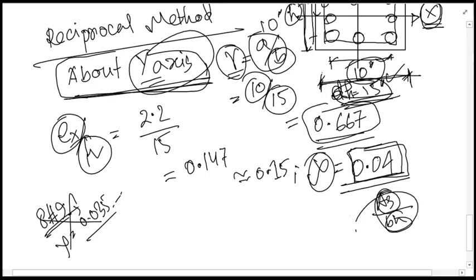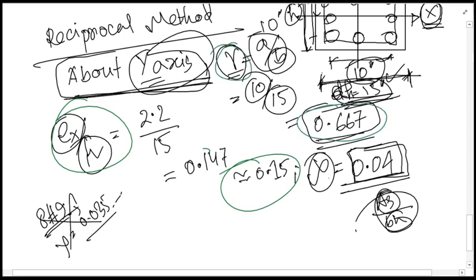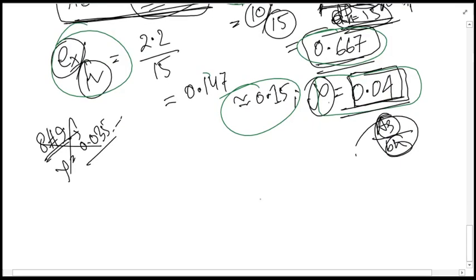So for our convenience, we are just assuming rho equals 0.04. Now what do we need? We already have three values: this e by h, that 0.667, and this rho. Using these three, you will have to calculate the capacity about the y-axis, for which we will be needing a graph.